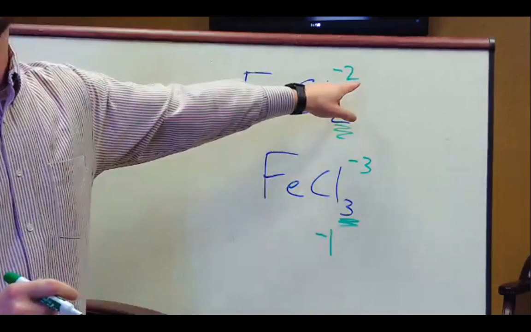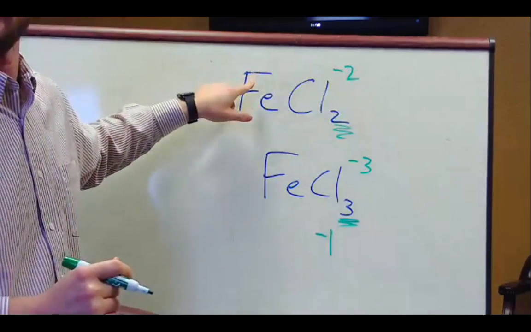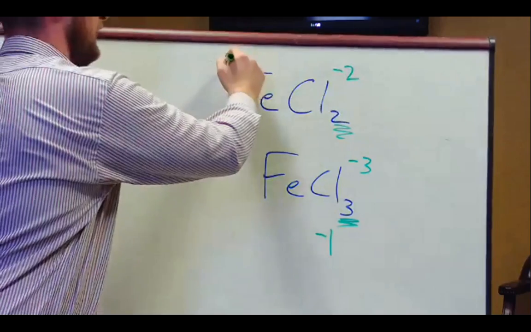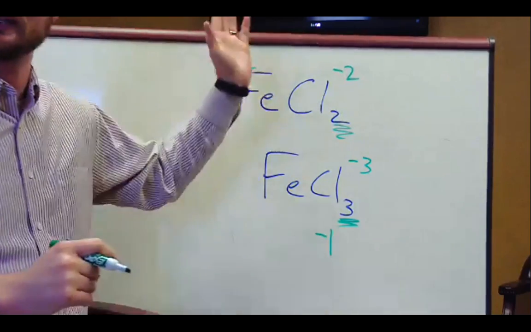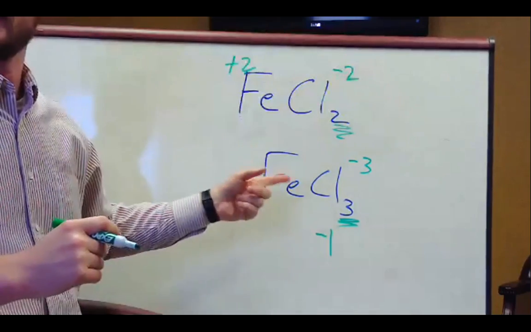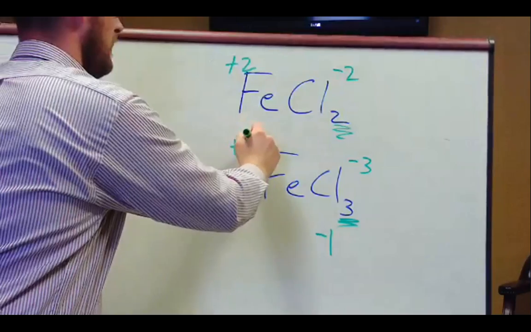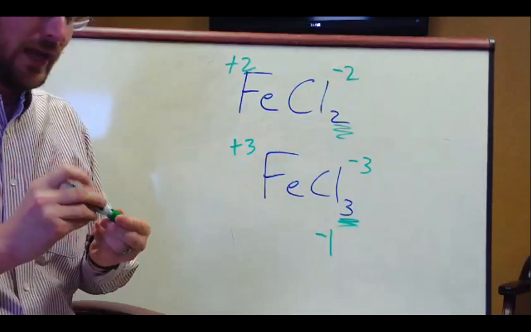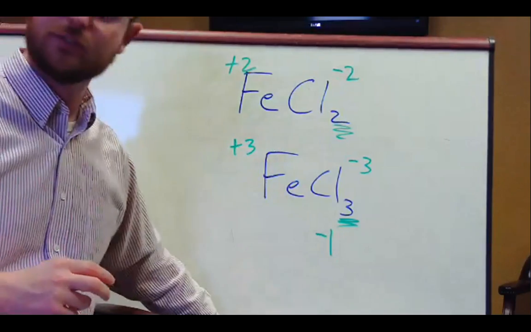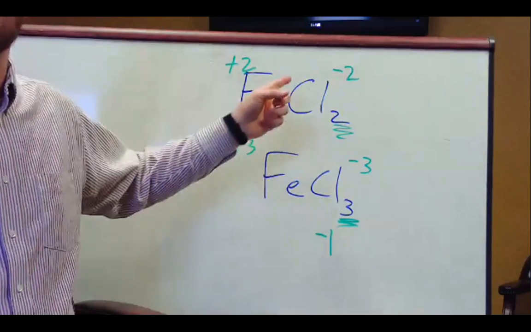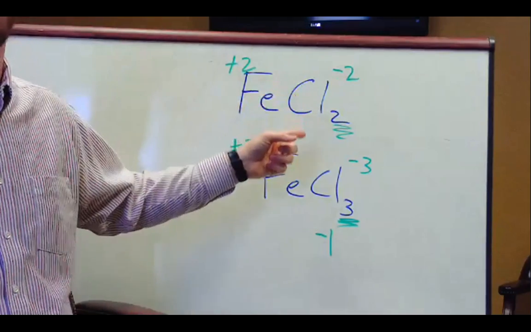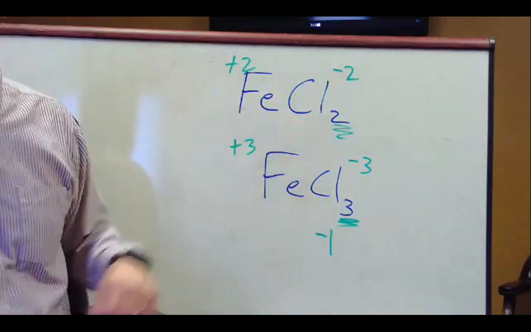So to neutralize this -2 charge, what does the iron have to be? Exactly. It has to be a +2, right? Because we want these to equal 0. And this one down here is going to be +3. That's why we have to know the charge of the anion, right? So now we have iron 2 chloride and iron 3 chloride.